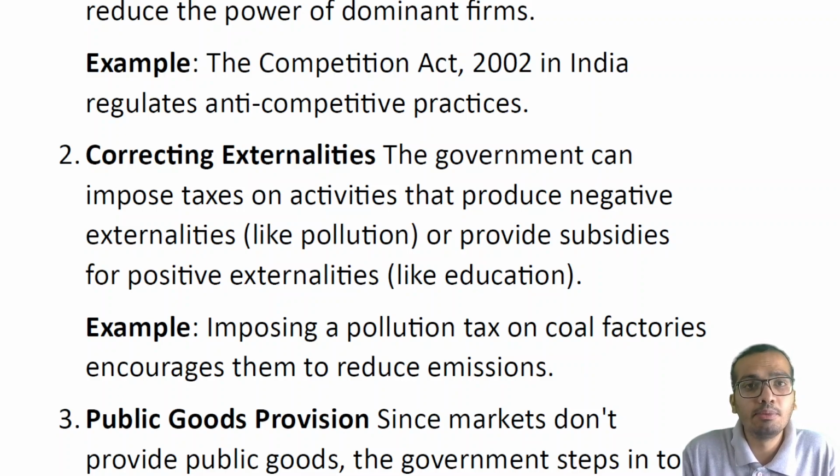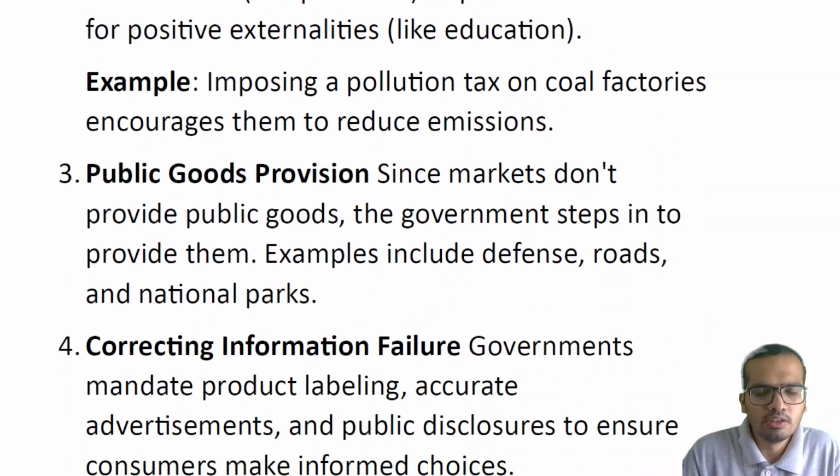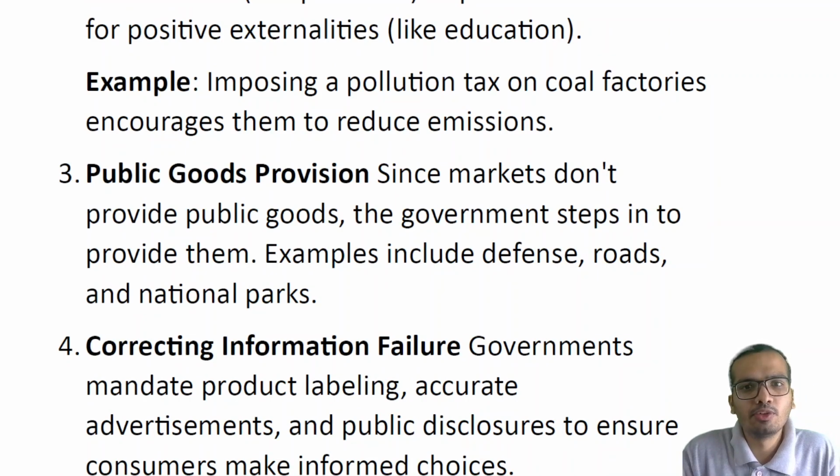The government can impose taxes on activities that produce negative externalities like pollution, or provide subsidies for positive externalities like education. For example, imposing a pollution tax on coal factories encourages them to reduce the emission.